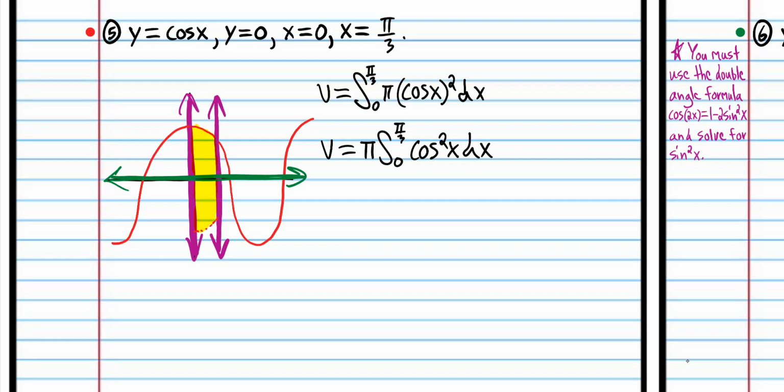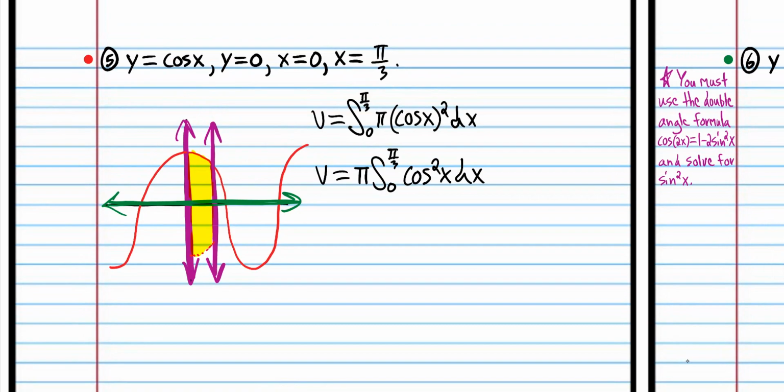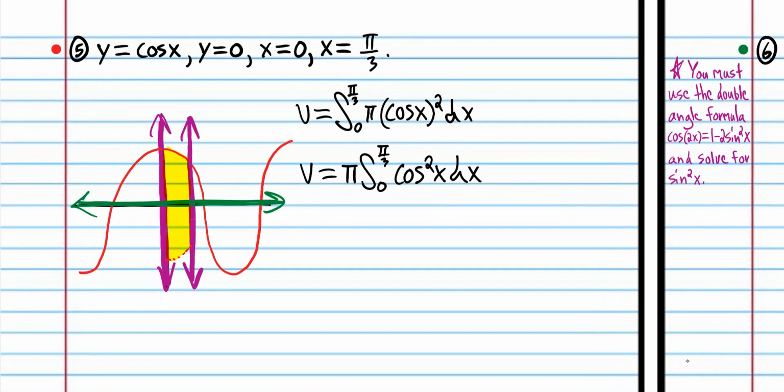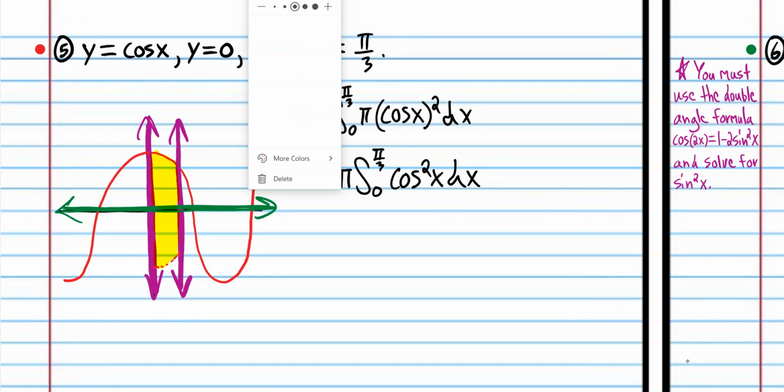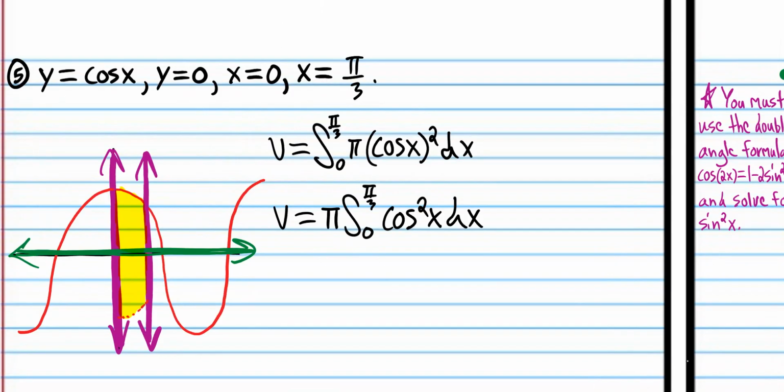You can't find the antiderivatives of every function. And it turns out that with this expression here, we cannot find the antiderivatives. We don't know how. So we have to come up with tricks around this. And so here's a trick.